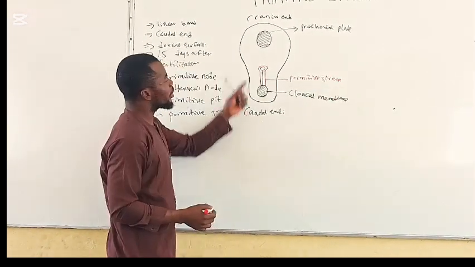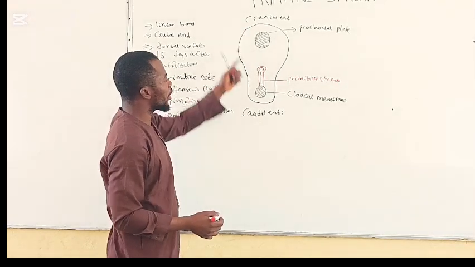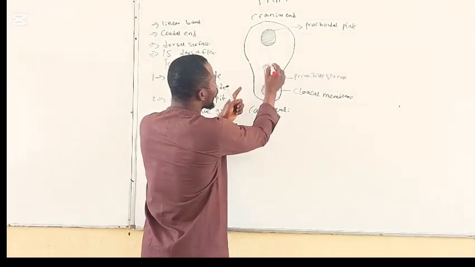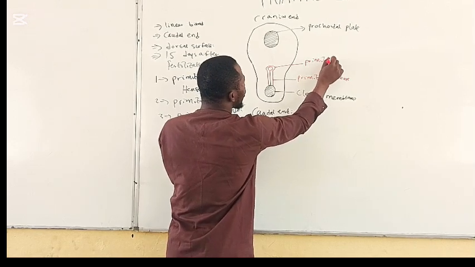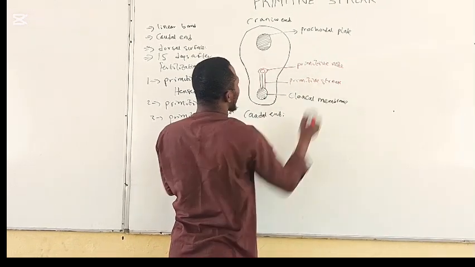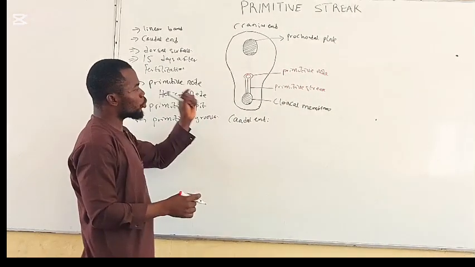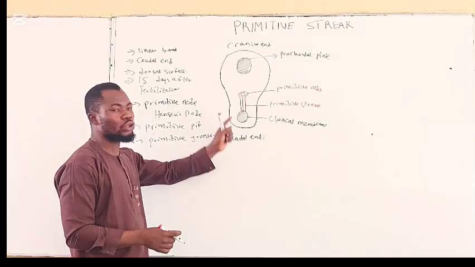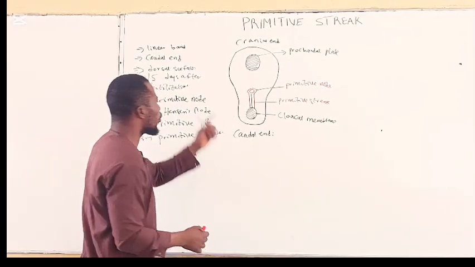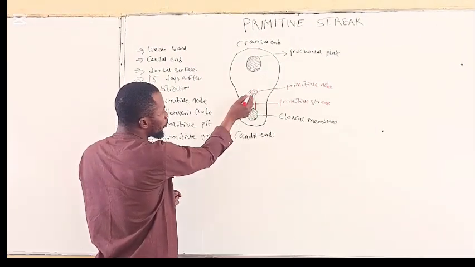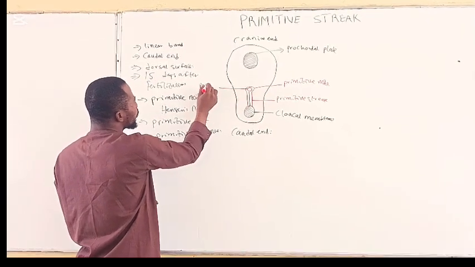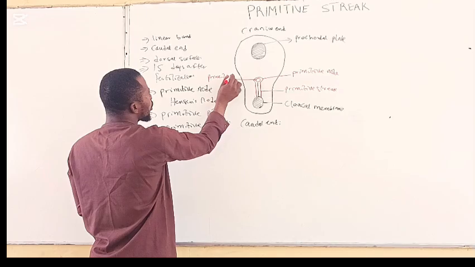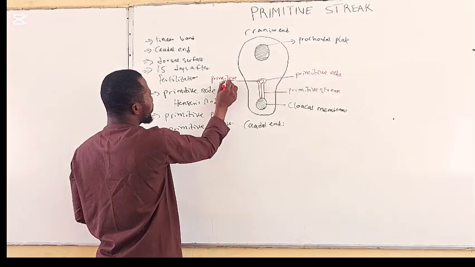I will say that the cranial end of the primitive streak is the primitive node. So this area here is the primitive node, and inside the primitive node there is a small depression called the primitive pit.